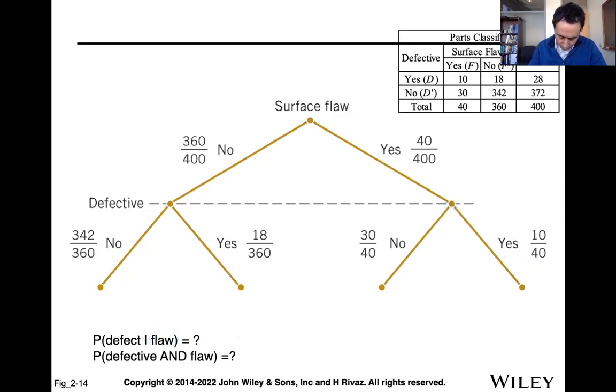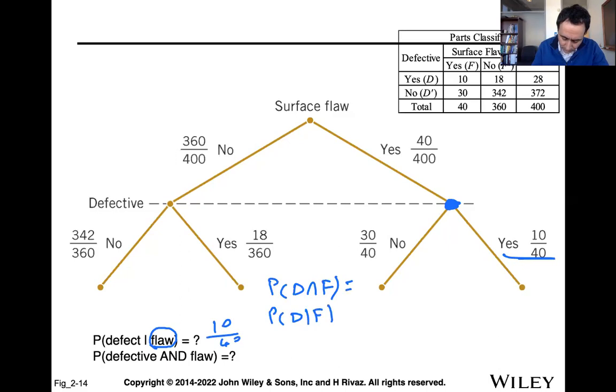What's the next one? Now I want to calculate the probability that my part is defective and also has a flaw, right? So probability of D and flaw is going to be P of D given flaw times probability of flaw, right?